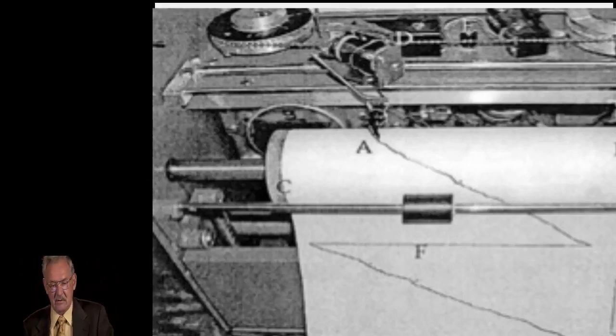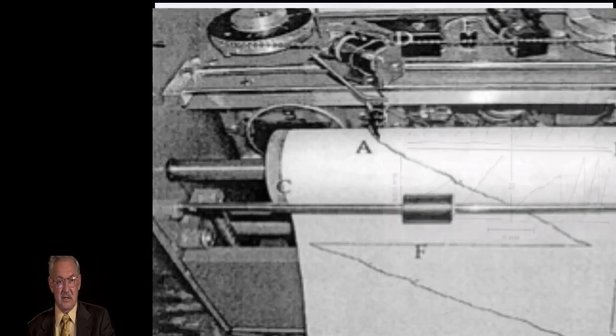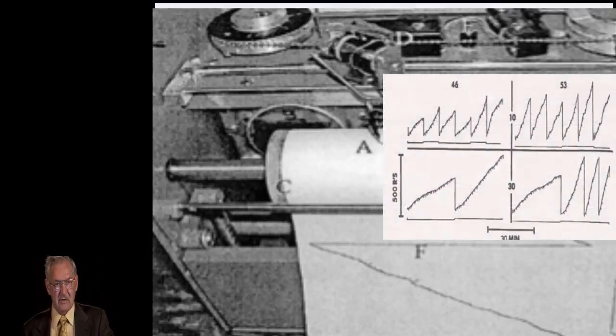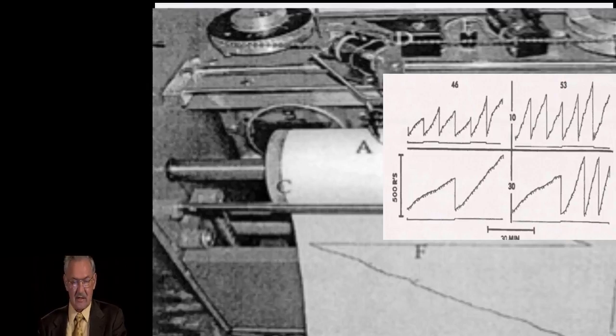Skinner also developed a means of observing frequency continuously through time. It was a device called the cumulative recorder, which you see in the picture. And here on the right side of the picture are the records that that device produces. The way it works is very simply this.